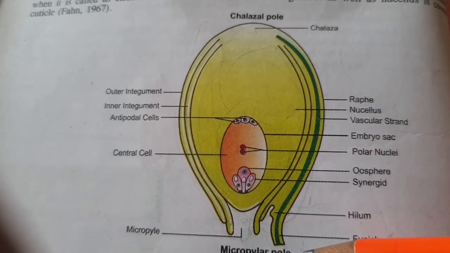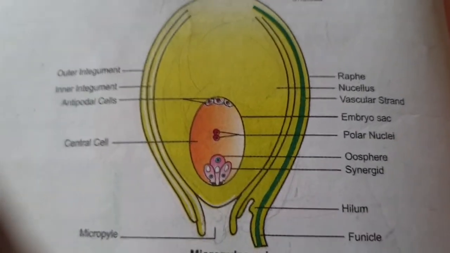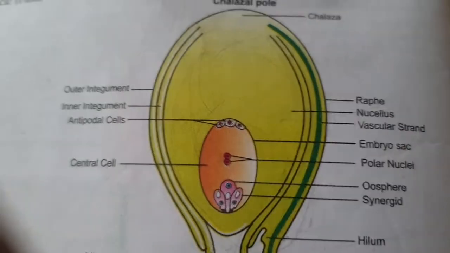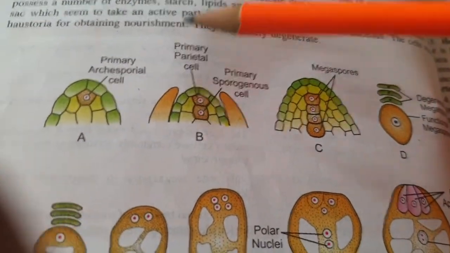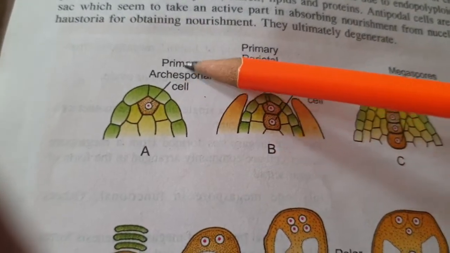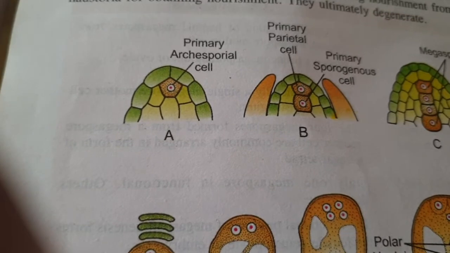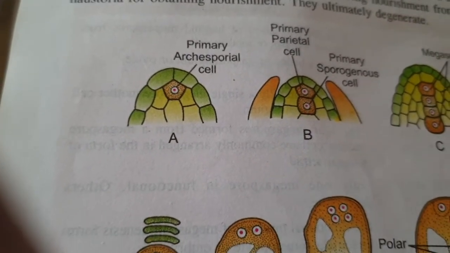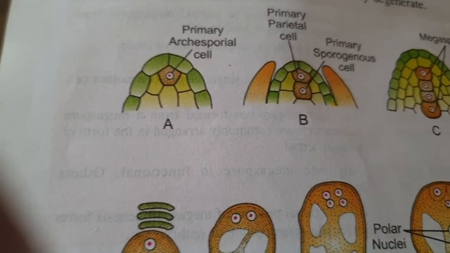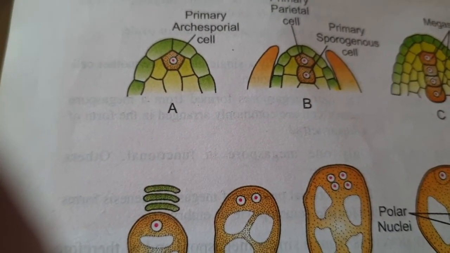Now let's discuss the megasporogenesis process, that is how the megaspore or the female spore develops. You can see in this diagram that in the nucellus part, some tissues become specialized. The ovule develops as a primordium and a mass of nucellus develops over the placenta.